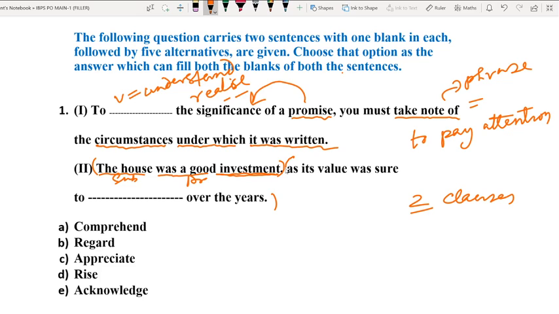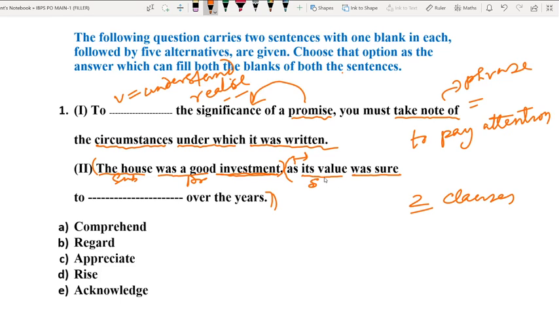Similarly, the subordinate clause starts with the subordinate conjunction "as", right? And here the subject is "its value", which is singular, and the predicate starts from "was" and ends at the end of the sentence.